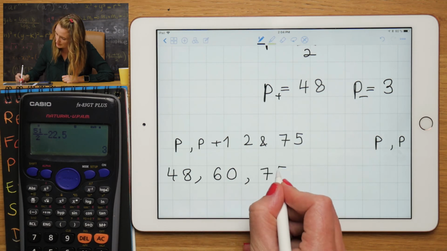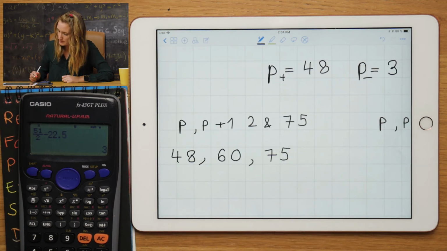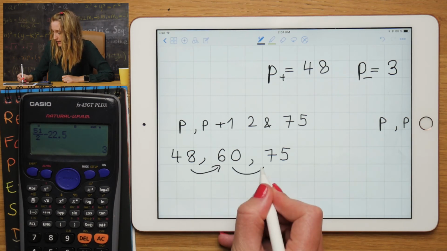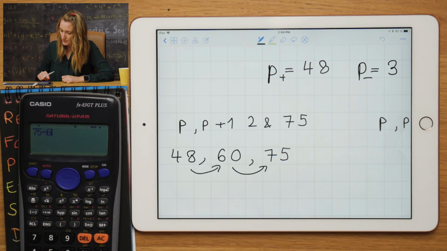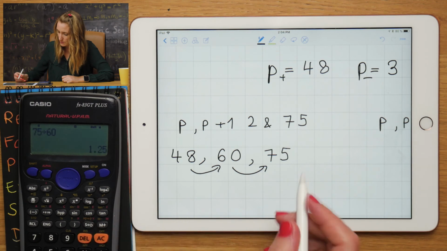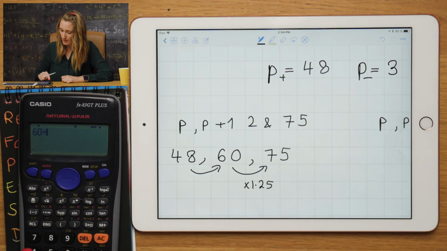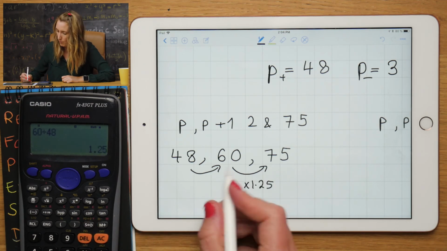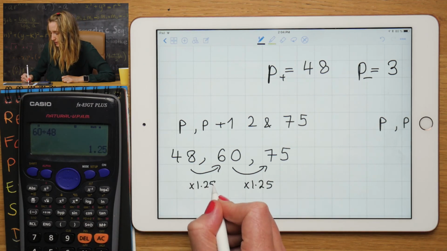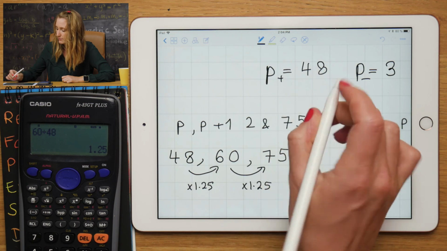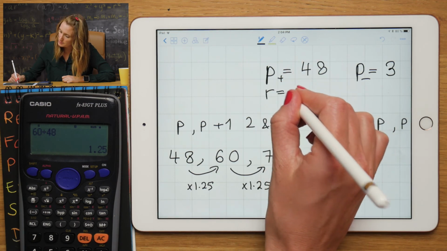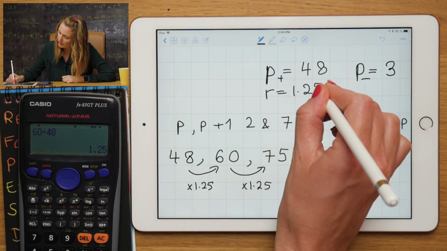And this will be 75. So what is my R here? Well, you can check it out. 75 divided by 60 is 1.25. And 60 divided by 48, also 1.25. So when P is 48, that will give me a corresponding R value of 1.25.